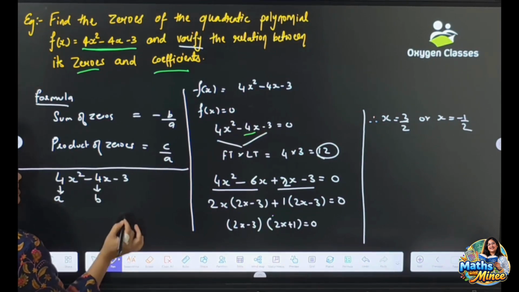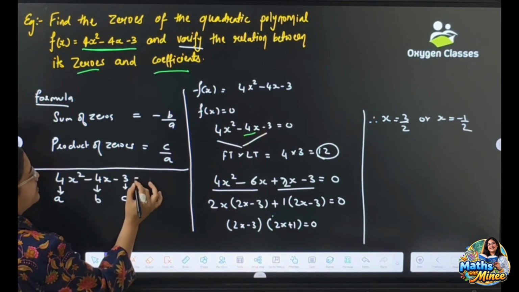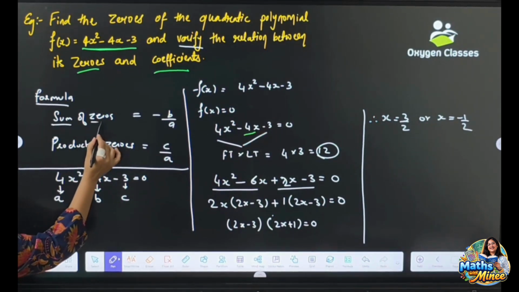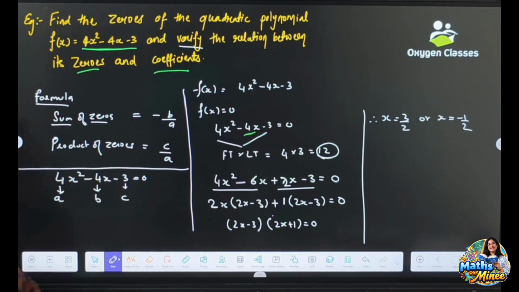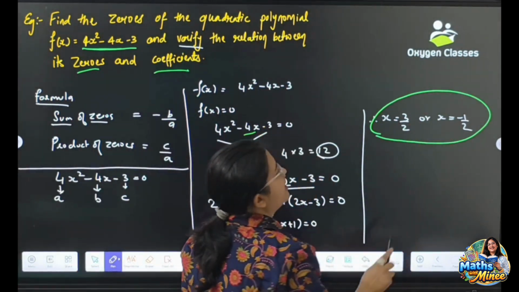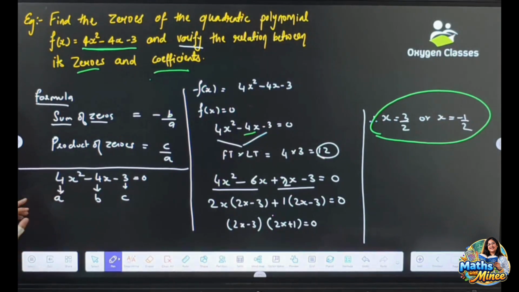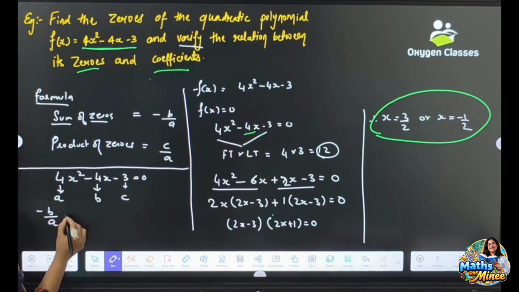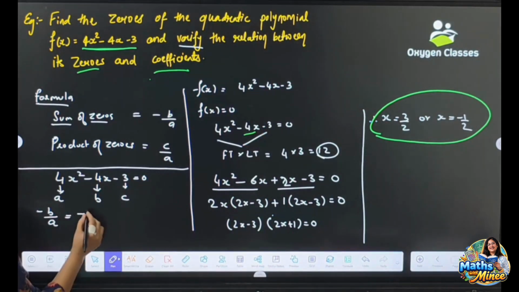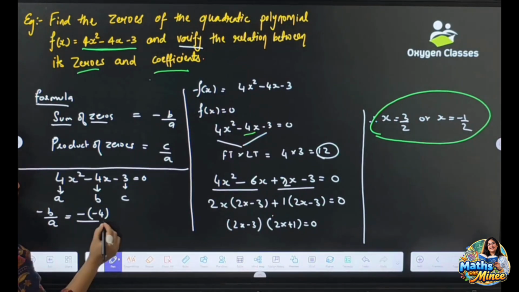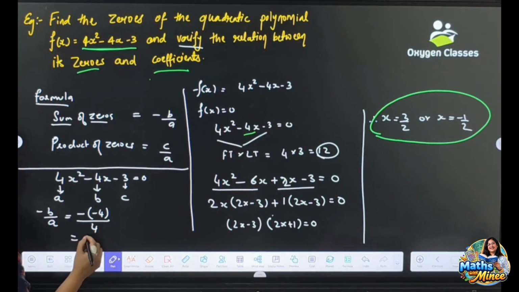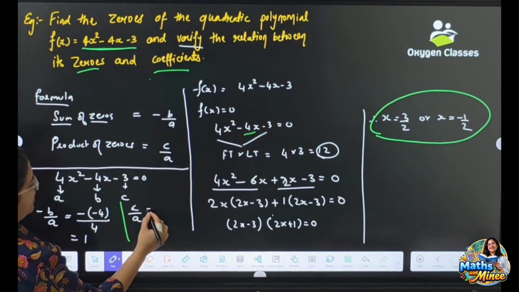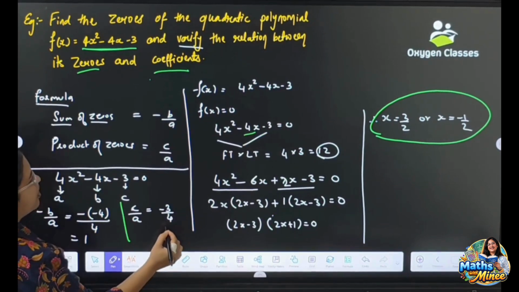This is denoted by A, this by B, and this by C. As I have told you, the sum of zeros is -b/a, so I am using the coefficients first. That is -(-4)/4, so the answer will be 1. Similarly, c/a is -3/4.